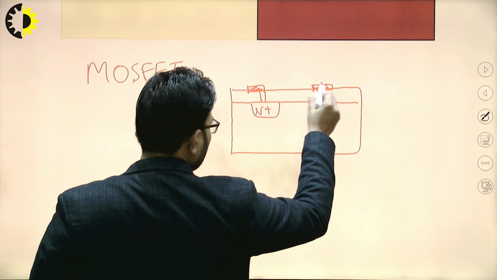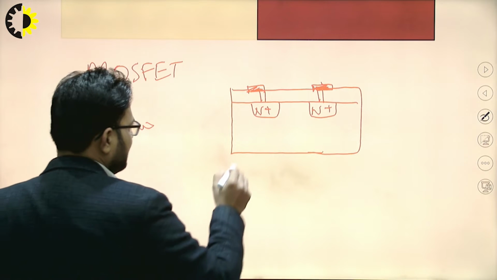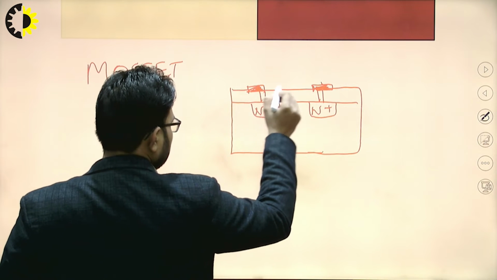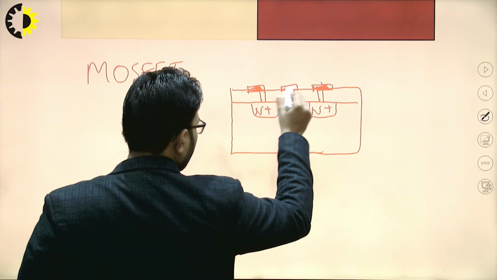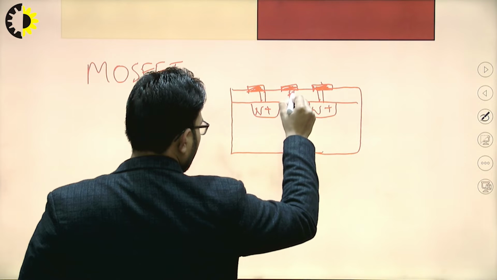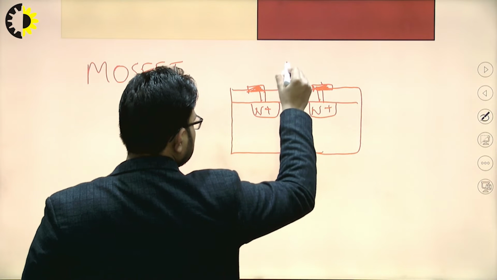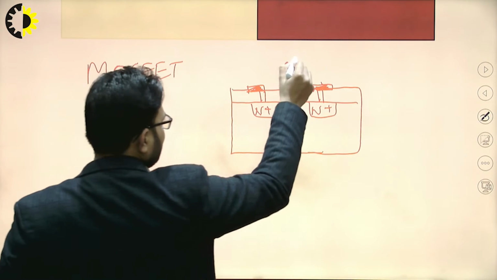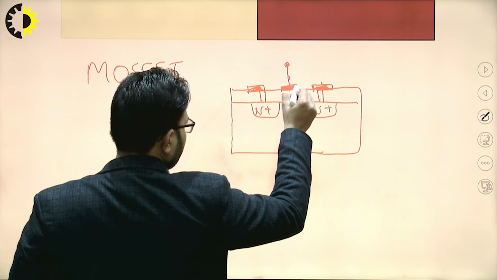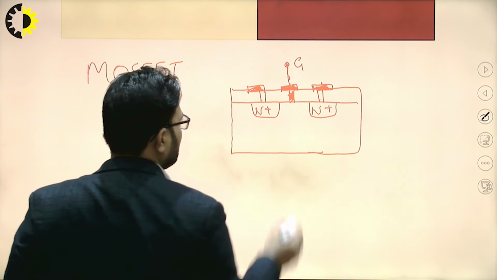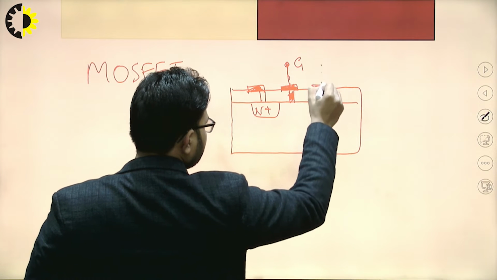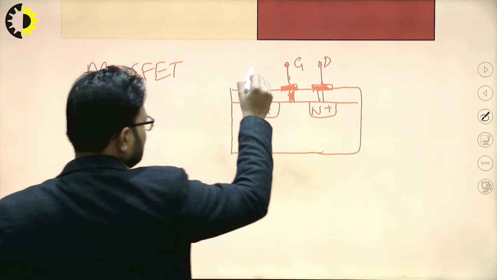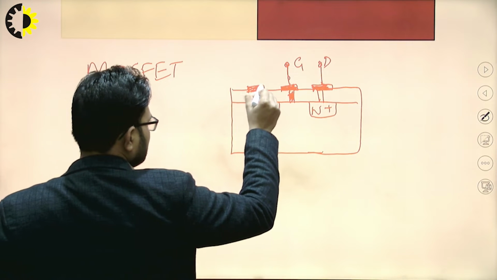I will just let you know what the drain and the source are. This terminal is called the gate, this terminal is called the drain, and this terminal is called the source.